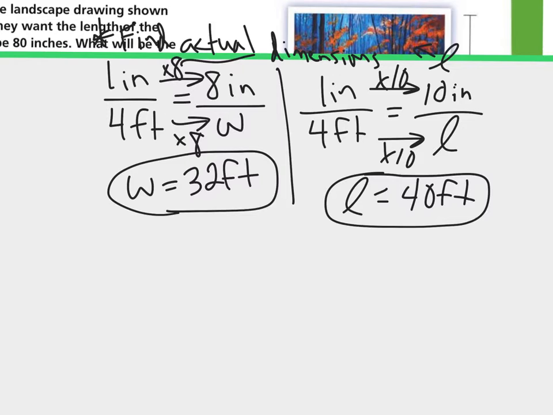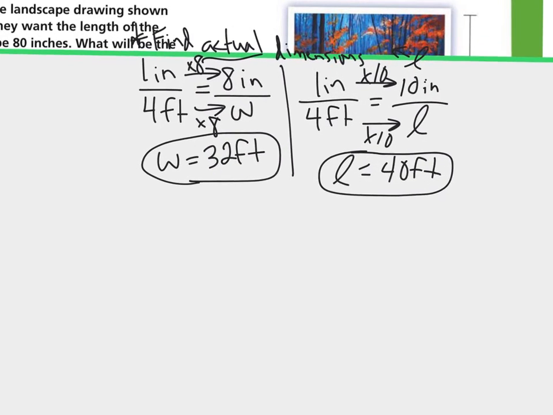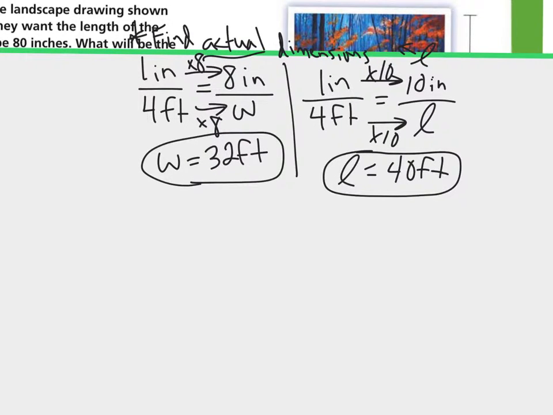Now, we're not finished yet, but we at least know what the actual dimensions of this thing are. And now we can work with that in order to find what our scale is, and then to find what the height needs to be. And what I just went through there, I called it the width and the length. I mean, how the book's calling it, I guess we could call that our height.